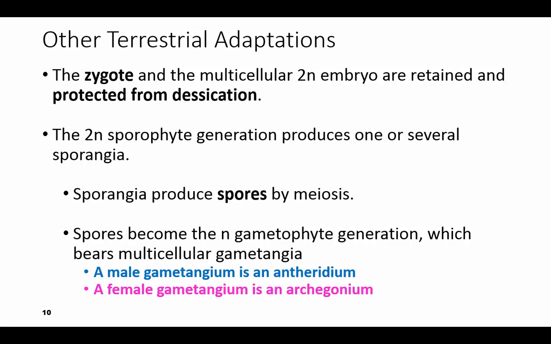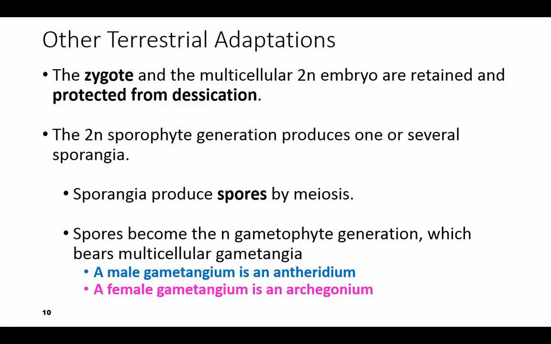Looking at some terrestrial adaptations, again here, that zygote produces the diploid embryo, and we have to keep it from drying out, or desiccating. So it has to be protected.